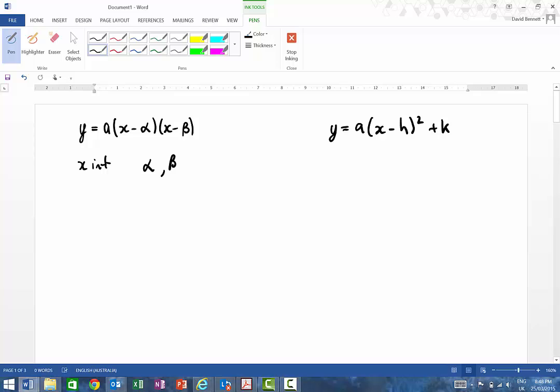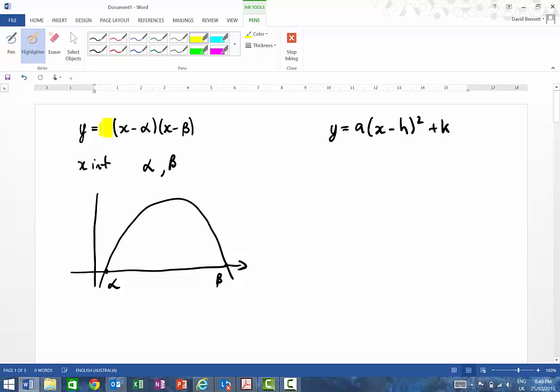That basically means that if I had my axes here, and a curve like that, which could be a bridge, a Sydney Harbour Bridge sort of concept, with alpha and beta, then having this information will allow me to work out what the equation is, because I can put those values into the equation, and then the only thing I don't know in the whole equation will be the A value.